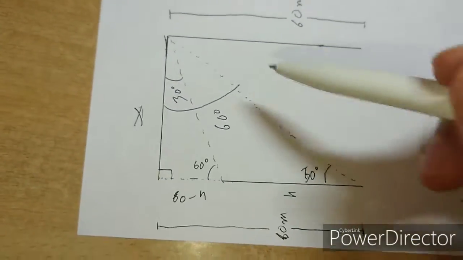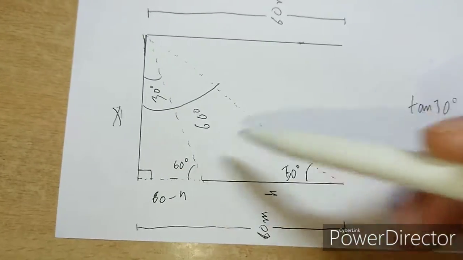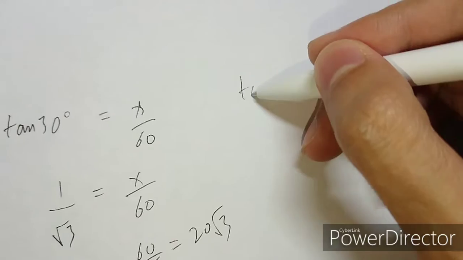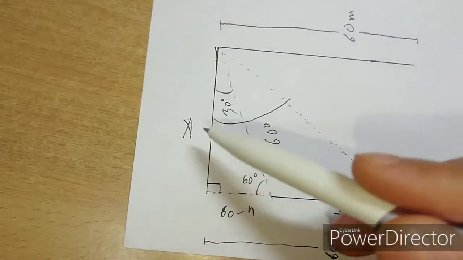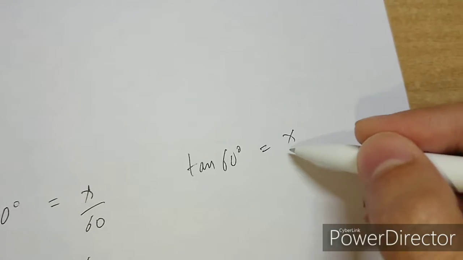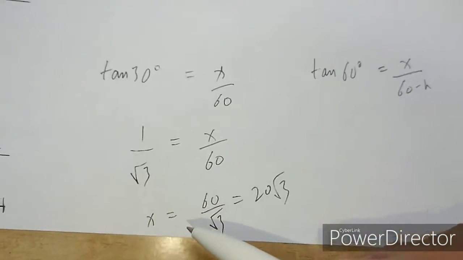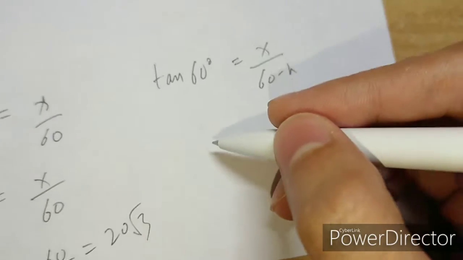And now, taking this triangle with 60 degrees, you can write the tangent of 60 degrees as x over 60 minus h. I will substitute the value of x here, and we can find h.